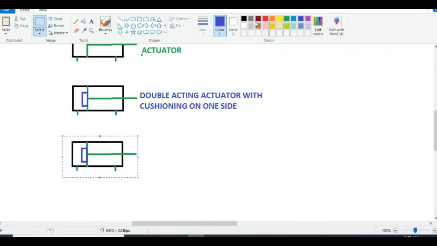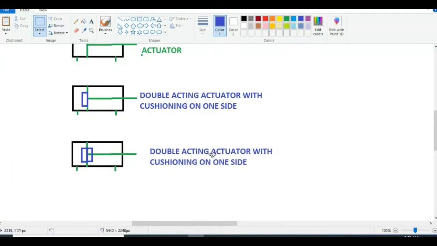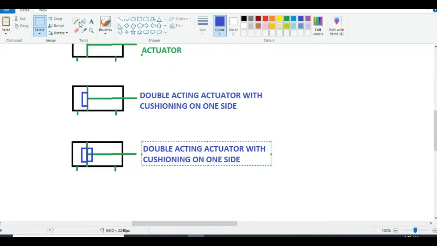If the square boxes are on both sides of the piston, then you can say double acting cylinder with cushioning on both sides.